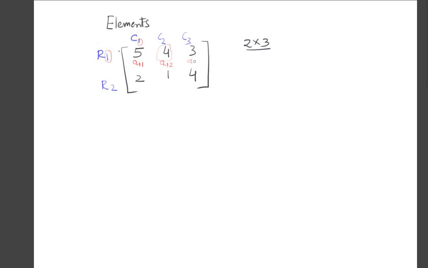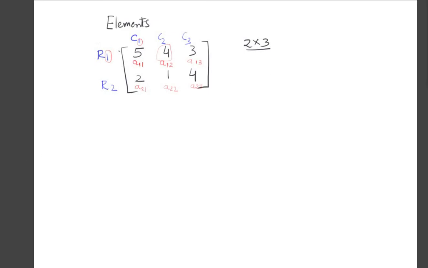The third one, A13. Great. Give me the next one. That would be A21. Awesome. This one: A22. Great. And this one? A23. So that is how you number various elements within a matrix.